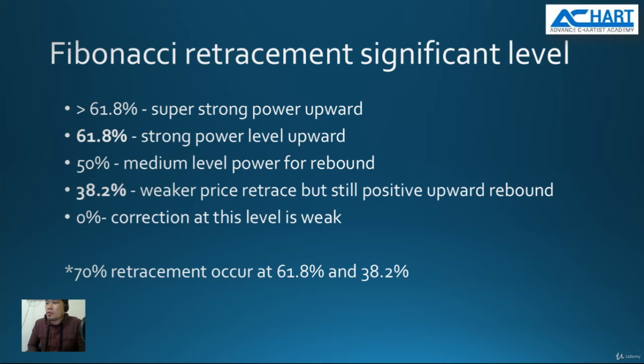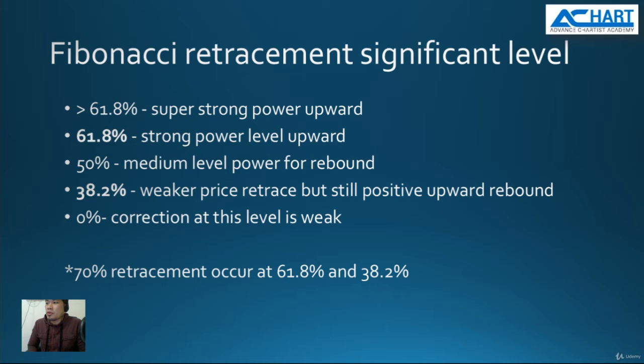Usually people look at 38.2% as the strong power level upward, but for our session, we use 61.8% and above as our strong power level upward, and I will show you specifically how to use Fibonacci in terms of our analysis.